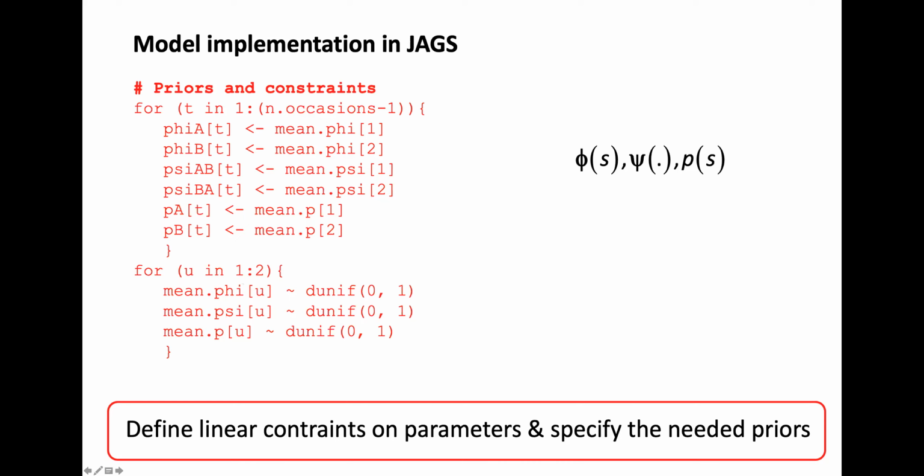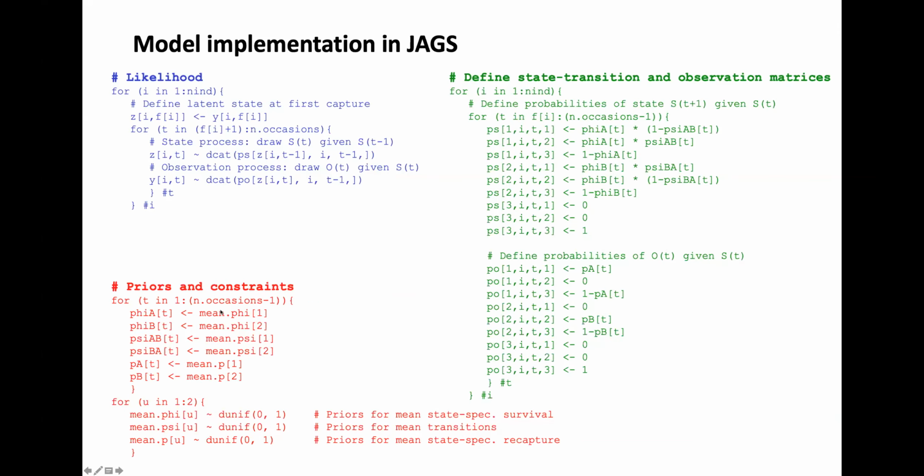We don't have any link function here because we use constant parameters, and for constant parameters, the uniform distribution does the job of constraining the parameter to be estimated between 0 and 1. The domain of definition of the uniform distribution is between 0 and 1. So we don't have any problem of constraining the probabilities here, survival, detection, and transition, to be between 0 and 1. The prior is doing the job for us, right?